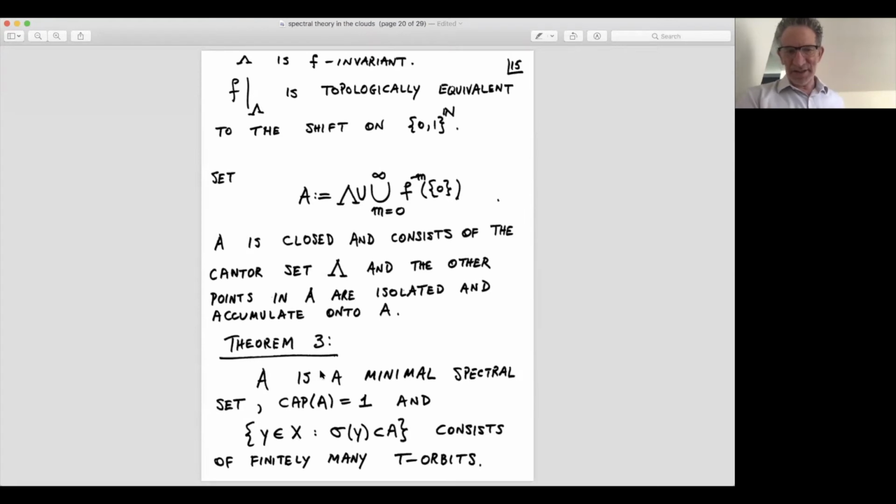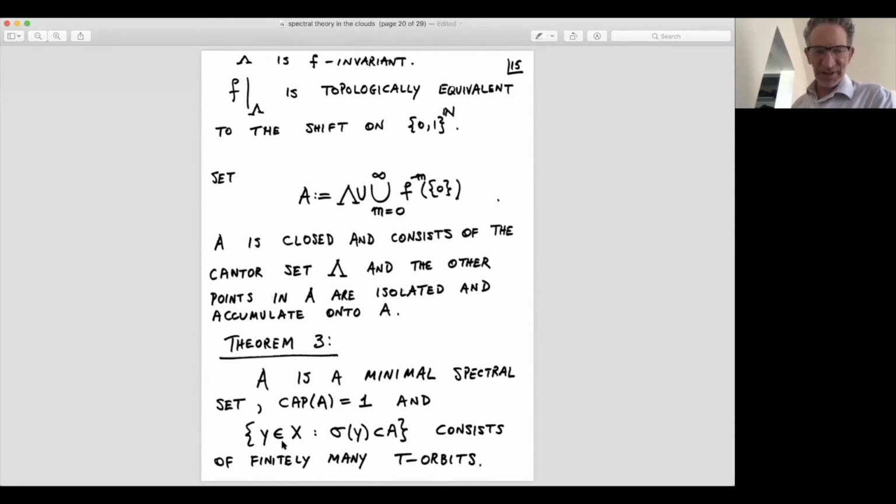And this uses the full force of that theorem of Cameron. If you have a point y in X whose spectrum is contained in A, so we're saying that there's an infinite sequence of 3 regular graphs whose spectra are all contained in A, the claim is that there are only finitely many orbits, T orbits, so their infinite sequence is always constructed by applying T to a finite set of Ys.